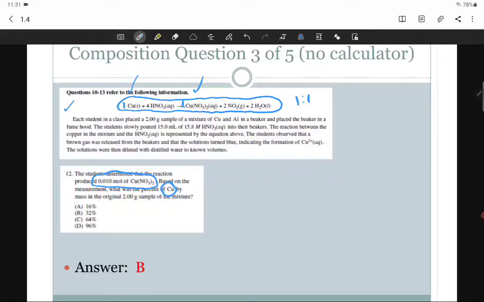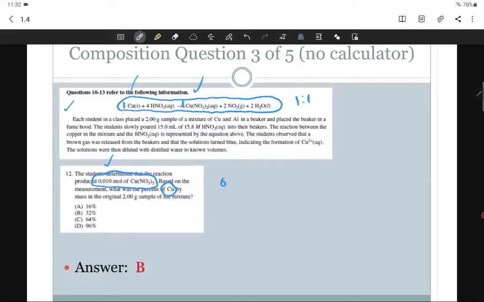And if the balanced chemical equation is not given to you, you've got to make one. They gave you this one because it's fairly complicated, but sometimes it may not be as complicated as this one, and so you'd have to make sure you do that yourself. So if you have 0.01 moles of copper nitrate, that means that you would have had 0.01 moles of copper.